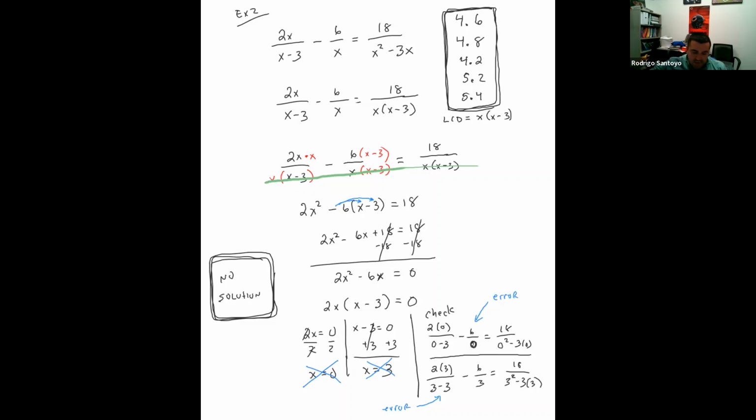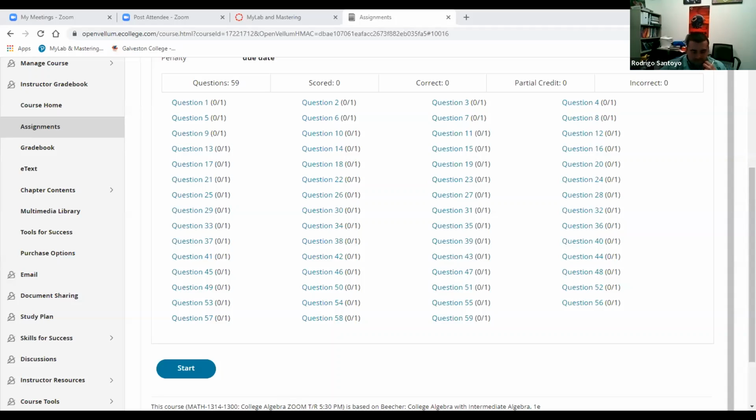So let me note these really quickly: 4.6, 4.8, 4.2, 5.2, 5.4. I'm going to go away from this problem for a minute. Let me stop this sharing and share this test review.